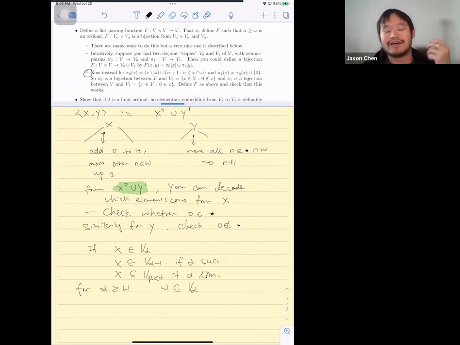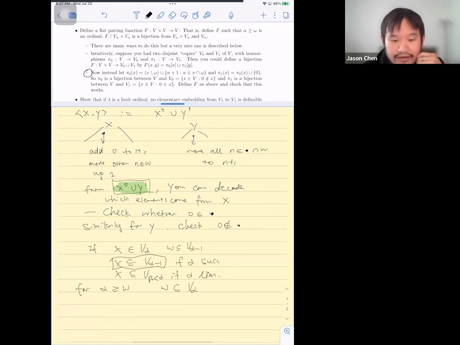Because if you think about the cumulative hierarchy, the iterative conception, you're basically collecting stuff that's available at a certain stage. If you want to go from V alpha to V alpha plus 1, you just look at all the stuff, the ingredients, if you will, available in V alpha and then collect them. All of the things in X are available at this V alpha minus 1, and so is omega. And so this operation doesn't raise rank.